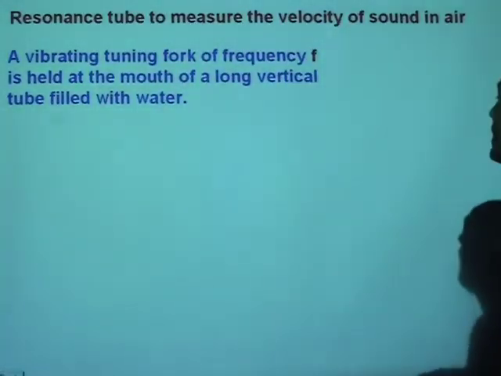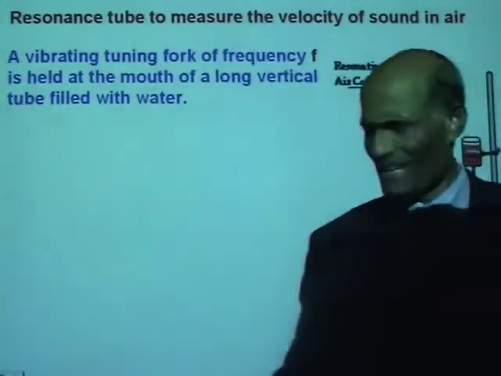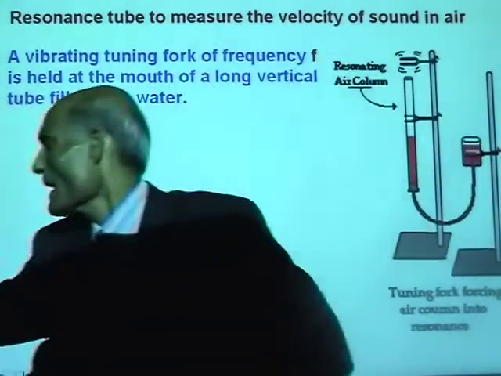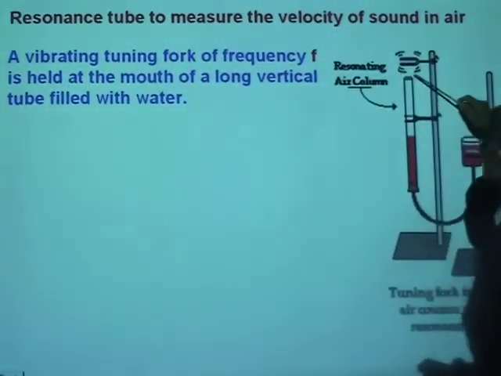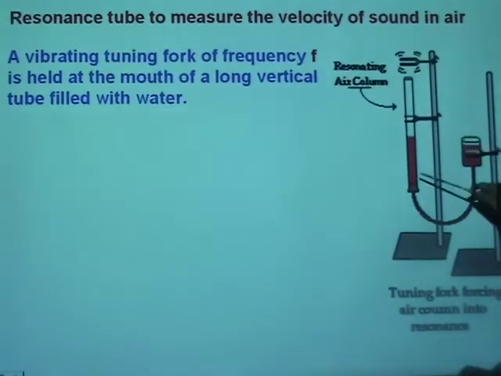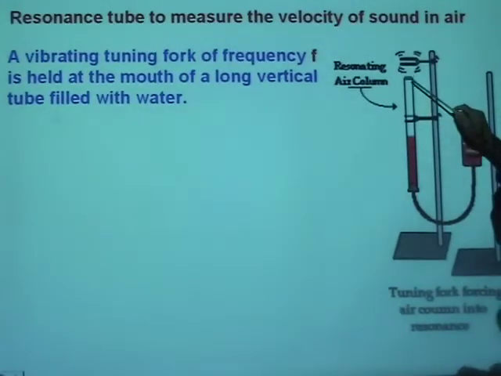All right, now I have the equipment that I have been showing you here. That's the glass tube there, which is connected by rubber tubing to a reservoir, and this reservoir can be raised or lowered to change the length of the air column.